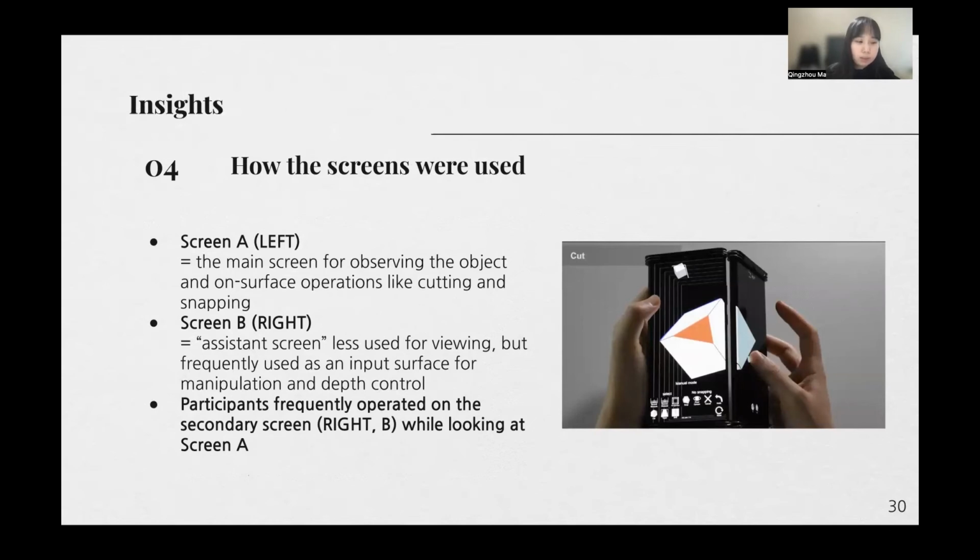They frequently used the left as the main screen for observing the object and on-surface operations like cutting and snapping, while they also frequently used the right screen as the assistive screen for input like the trackpad on our computer, and for depth control when extruding or drilling.